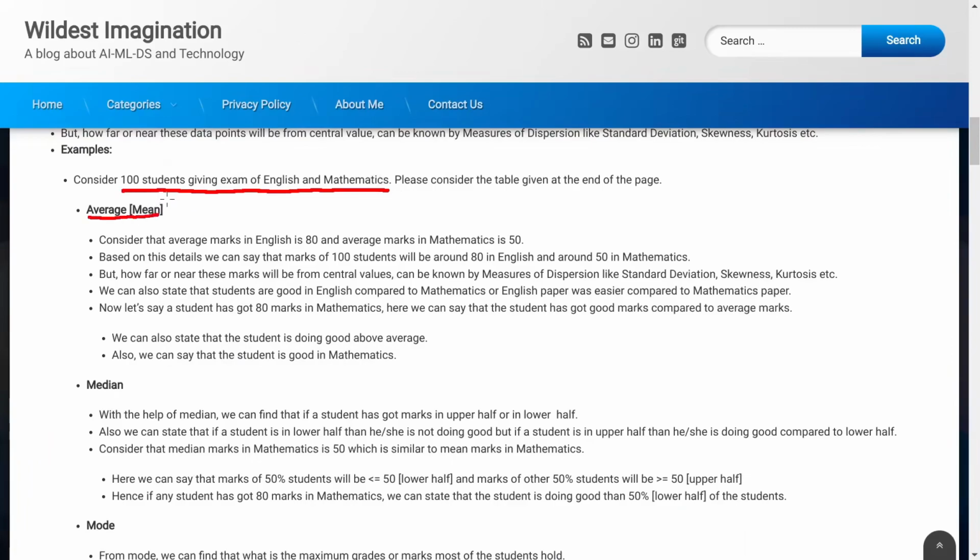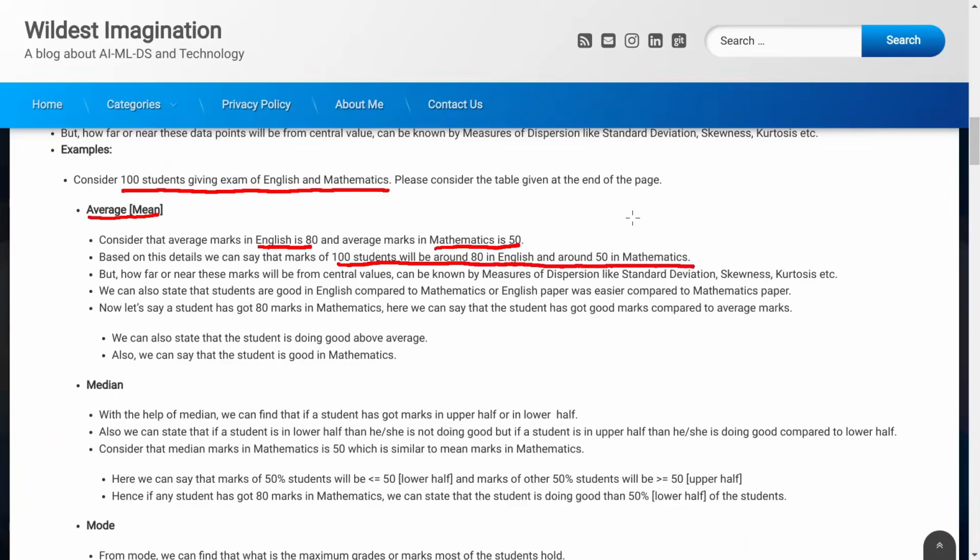Consider that in English the average marks are 80, and in mathematics the average marks are 50. Based on these details, we can say that the marks of the 100 students in English will be around 80, and in mathematics around 50.